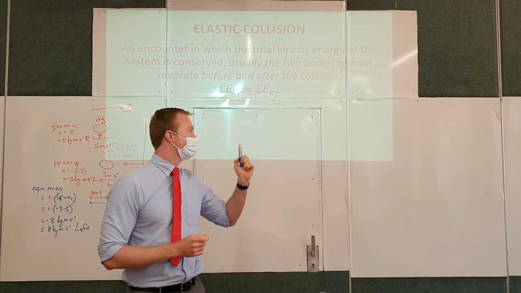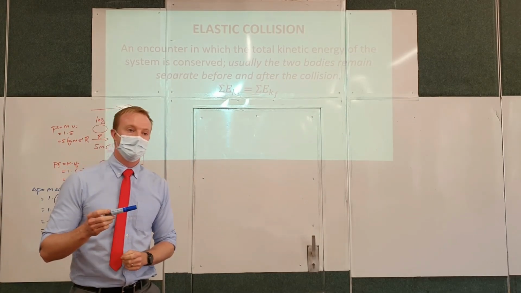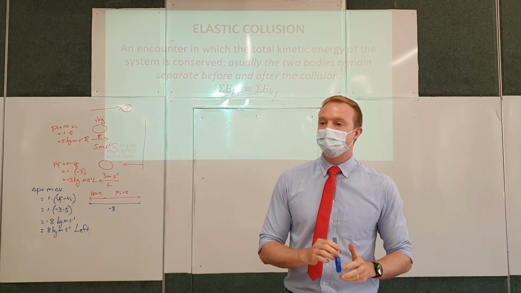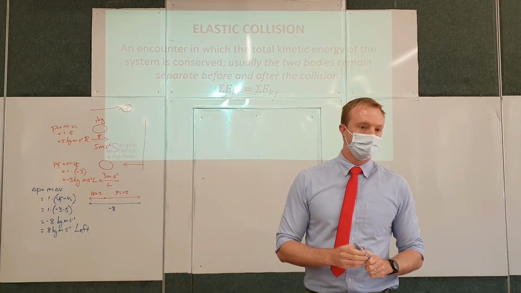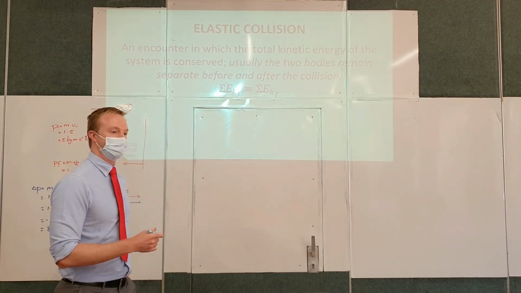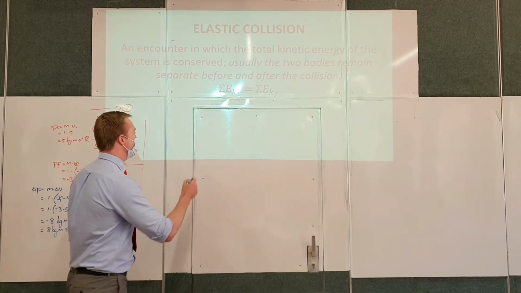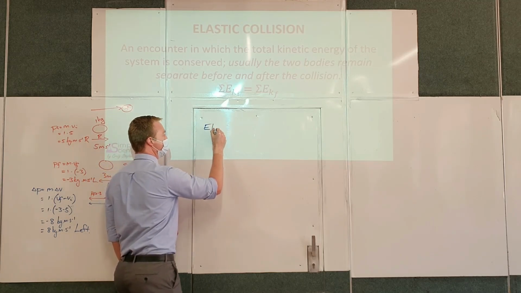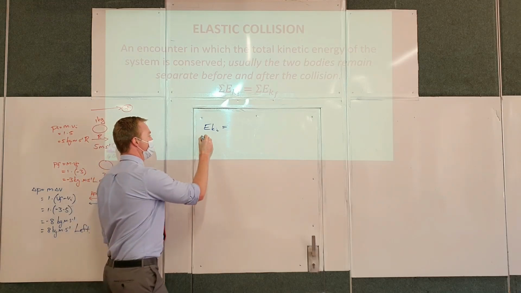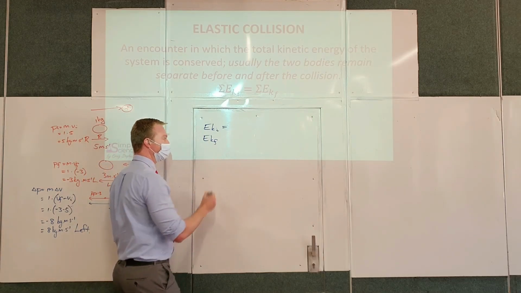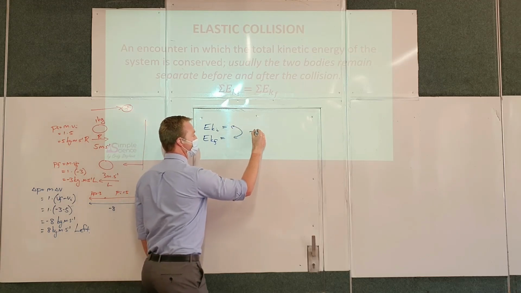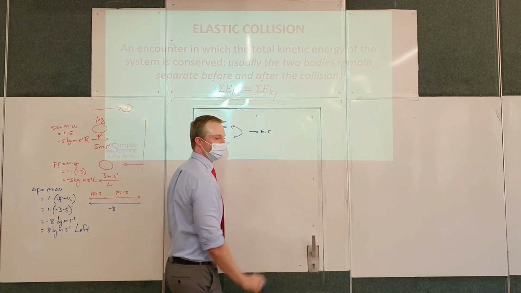Now, that second part of that sentence is dangerous there, because the strict definition for an elastic collision is where kinetic energy is conserved. So if you are asked to prove or to show that it is an elastic collision, the only way that you can do that is you can calculate the initial kinetic energy, and then you calculate the final kinetic energy, and if the 2 are equal, then it's an elastic collision.